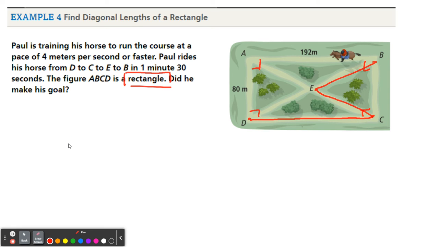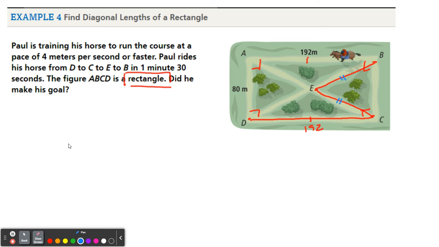If that's my path, I know that this bottom side is also 192 because opposite sides are congruent because it's a parallelogram. And I also know that because the diagonals bisect each other and are congruent, that these 2 pieces are the same. Right? So I think what I can do here is I can actually use Pythagorean Theorem.